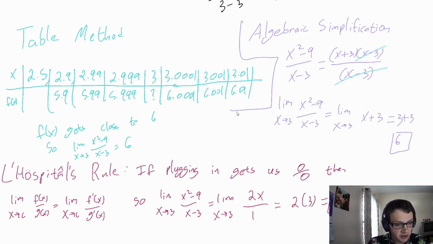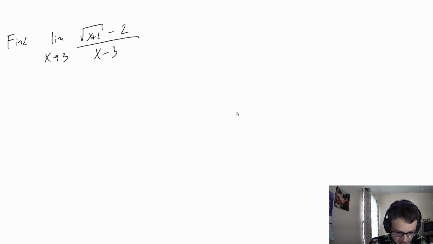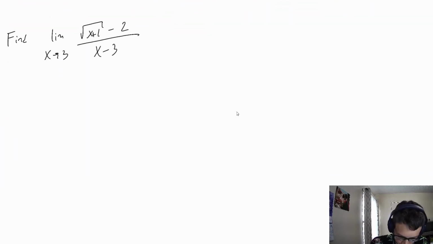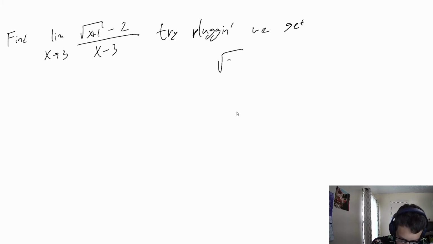All right, so let's take a look at another example where plugging in doesn't work. We want to find the limit as x approaches 3 again of the square root of x plus 1 minus 2 all divided by x minus 3. So if we try to plug in, we get the square root of 3 plus 1 minus 2 over 3 minus 3.